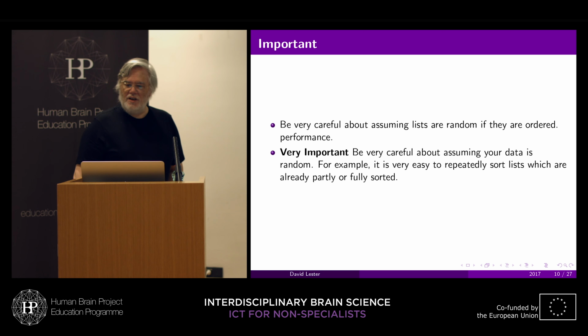It's very easy to repeatedly sort lists which are already partly or fully ordered, and when that happens, the properties that you're expecting no longer hold, and the algorithm behaves rather worse than you were expecting.